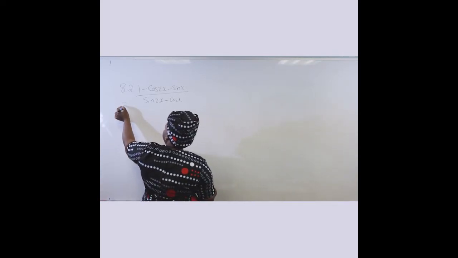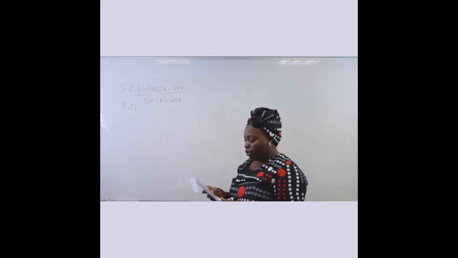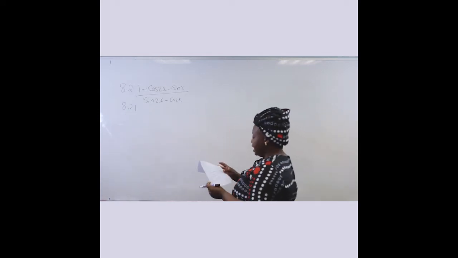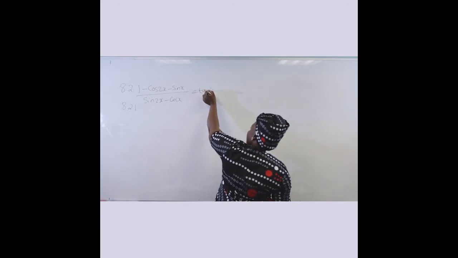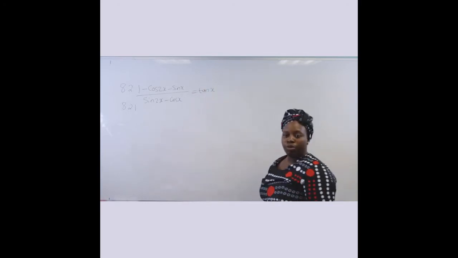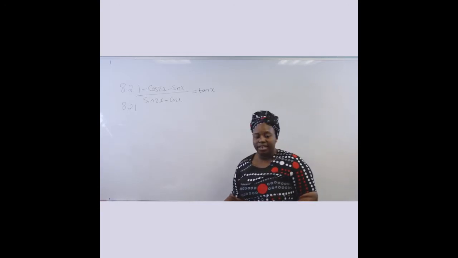Now, in 8.2.1, we were told that we need to prove that this expression equals tan x. So we need to prove that our left-hand side equals the right-hand side.